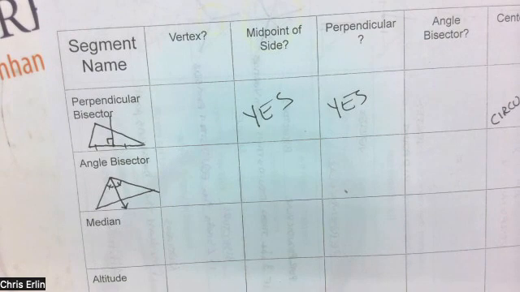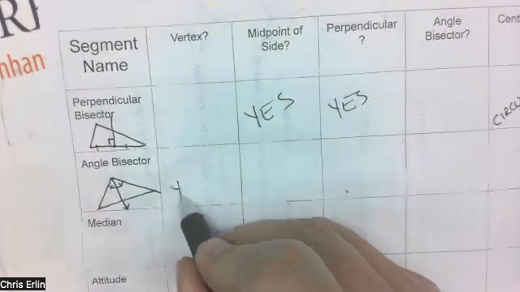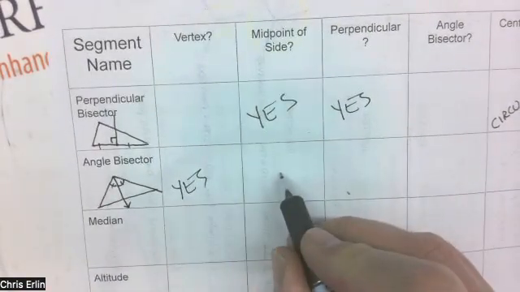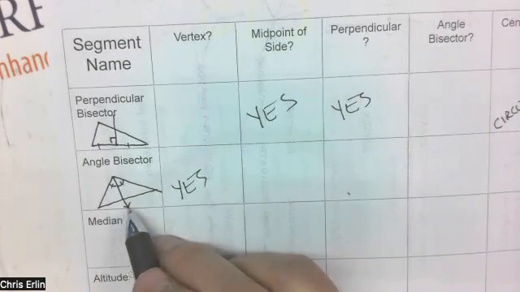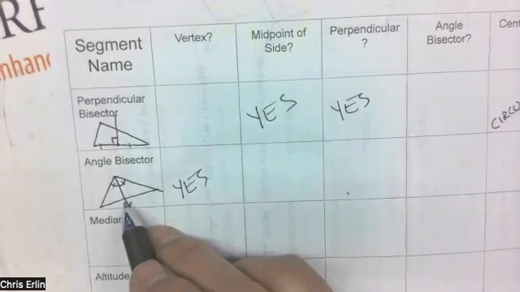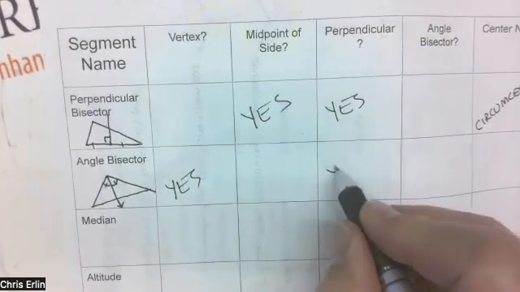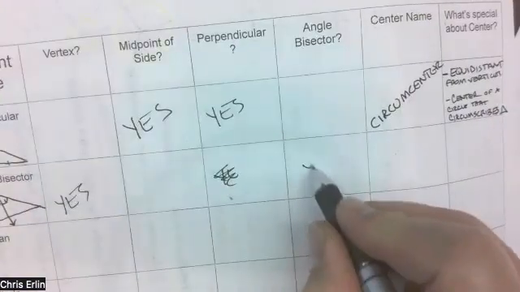Okay, what about the second one, angle bisector? Does it always go through the vertex? Yes. Does it always go through the midpoint of a side? No. Is it always perpendicular? No. Is it always an angle bisector? Yeah. Oops, that's the wrong one. This one.